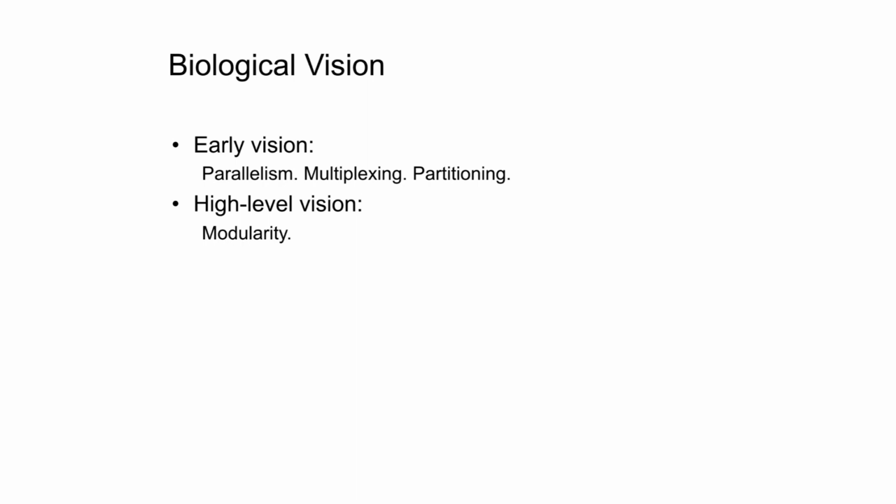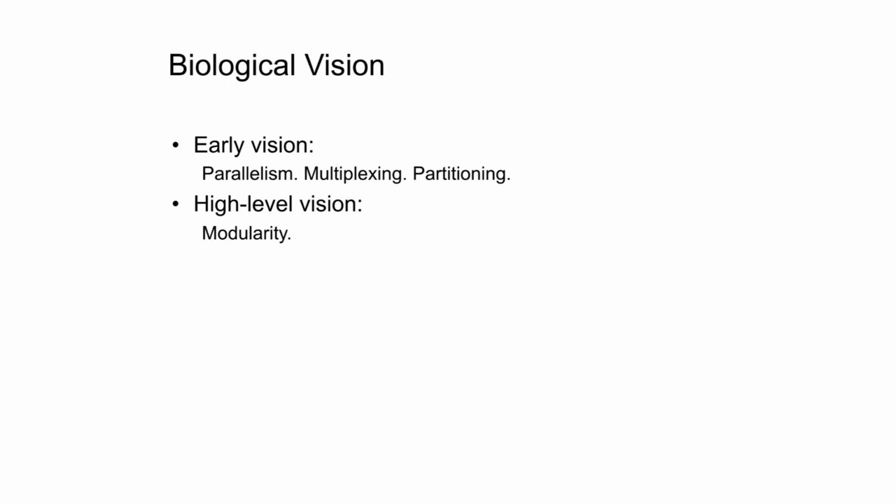When we come to high level vision, this is mainly about modularity. Modularity emphasizes the modular structure of our brain system dedicated to specialized functionalities. For instance, facial perception has its own component or module in our brain system. Object recognition also has its own module.